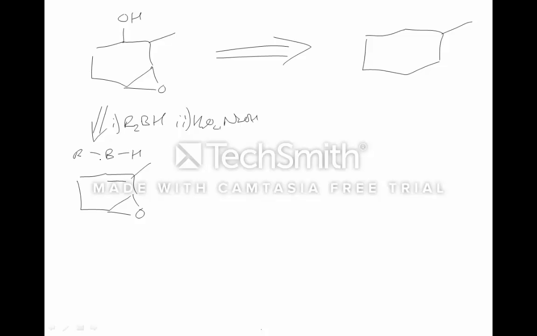Yes. The more partial positive is going to line up with the partial negative of the H. So hydroboration oxidation will give you the oxygen at that position, at the less substituted carbon. So let's keep working backwards. To get a double bond, we might use something like potassium tert-butoxide on this chloride.